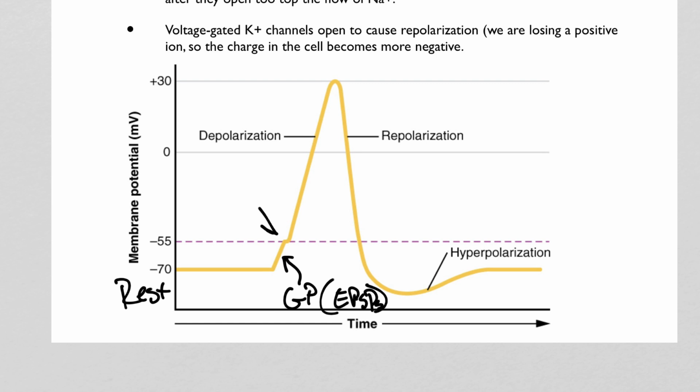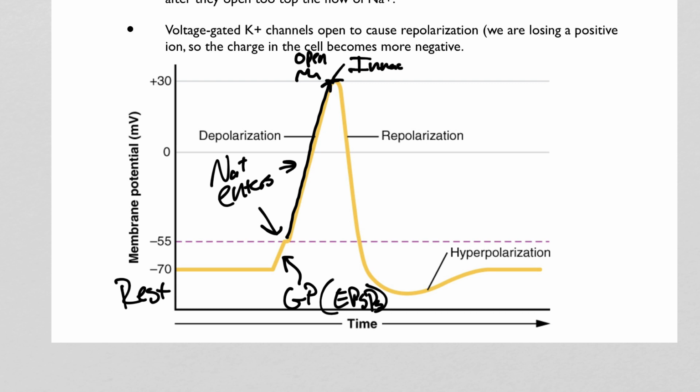Once you hit threshold right here and we depolarize, the upswing in this line is because during this little time window, those voltage-gated channels are open. We hit threshold, they open, and sodium is entering the cell at that point. That's why we go up. Once you hit this peak up here, that is where those sodium channels inactivate and cork themselves shut so that you don't keep going up forever.